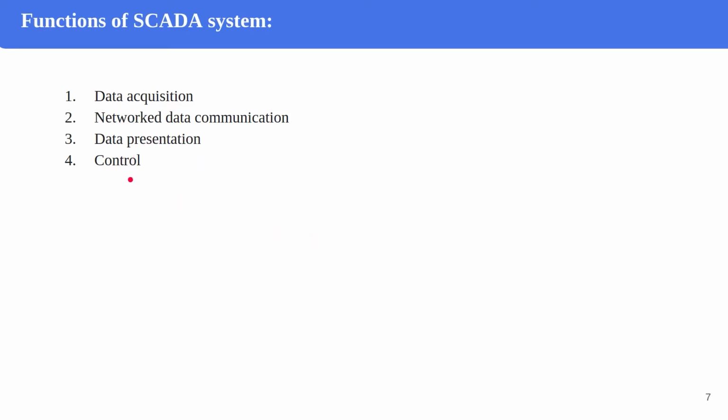and control. For data acquisition, a SCADA system obtains machine data through network devices and sensors that are connected to a PLC or RTU. These devices and sensors measure parameters like speed, pressure, and weight as raw data.